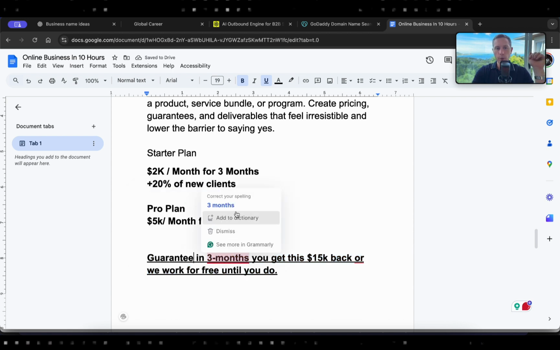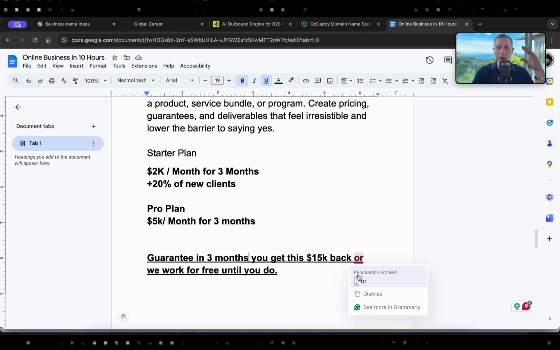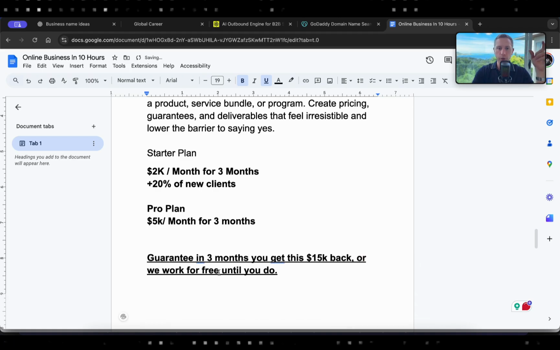And basically, the reason I like this performance guarantee is one, it lights a fire under your butt to make sure that you can deliver on your promises. And two, if something just goes wrong, it gives you a little bit of an out. So we'll work for free until you do.